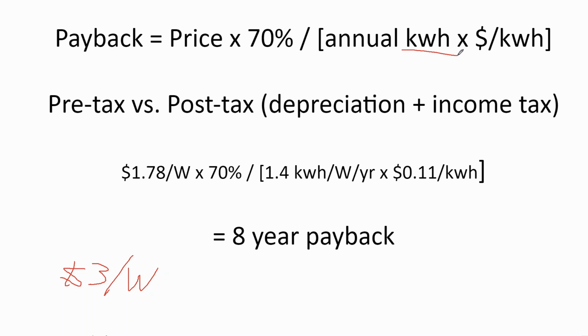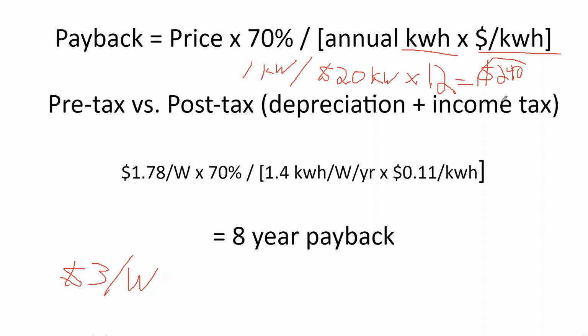We don't have our kilowatt hour rate times our kilowatt hours. What we have is a monthly, let's say $20 a kilowatt demand charge. And then we have 12 months of production. So 1 kilowatt of load leveling can save us $240.